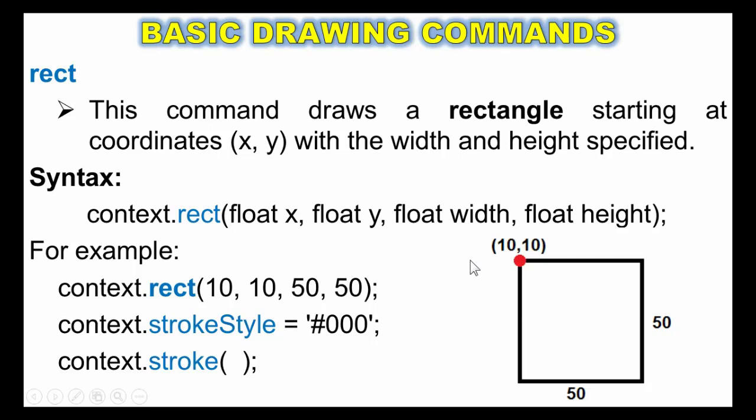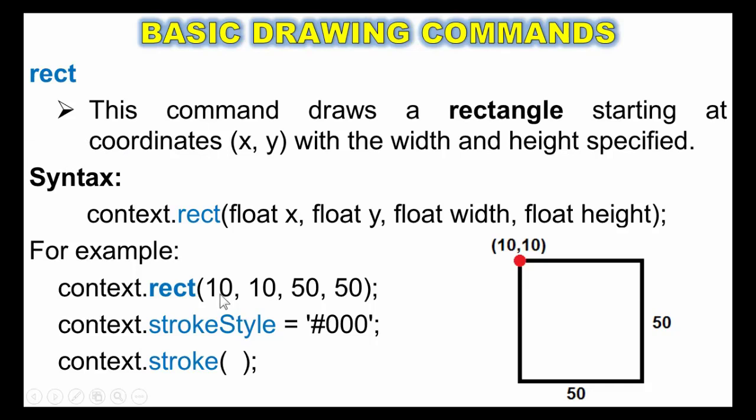The fillRect command that we learned previously, you specify the fill color. But with this rect command, you specify a stroke only or a fill only or both. Compared to that, the strokeRect command only applies stroke style, and the fillRect command only applies fill.